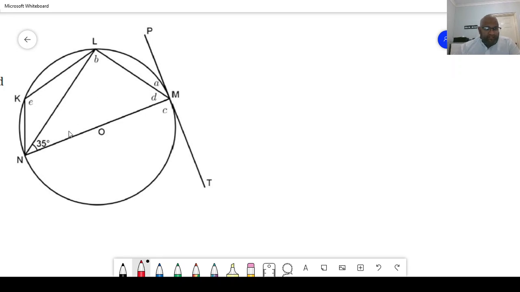So as we indicated there, angle A is going to be 35 degrees. So A is equal to 35. The reason is tan chord. Okay, we have 35 degrees. Then we see that angle B has to be 90. So B is equal to 90.